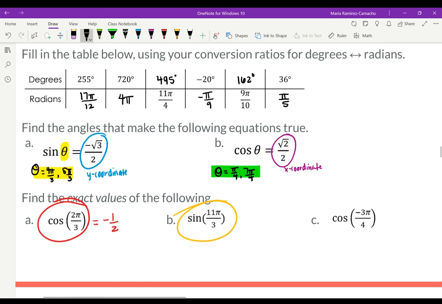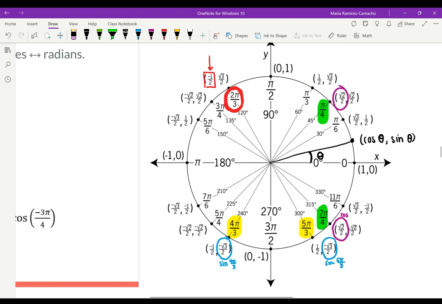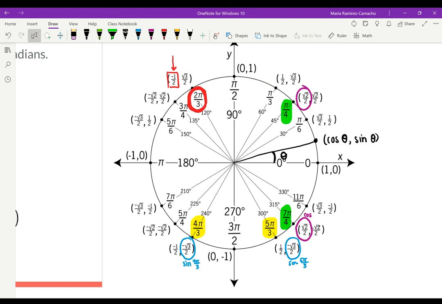Okay, what we can do here, since it's not listed, is think about what it means for us to go past 2 pi on the unit circle. Let me draw a diagram here. Actually, let me go back to the unit circle and erase what we've got so far.